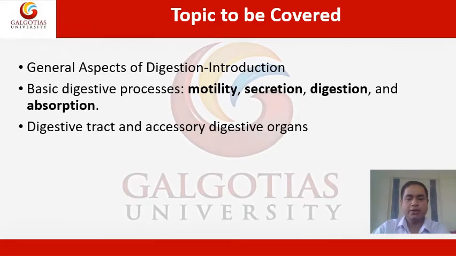In this introductory class, we will cover the general aspects of digestion, the basic digestive processes, that is motility, secretion, digestion and absorption. We will also learn about the digestive tract and accessory digestive organs. All are briefly described in this lecture.